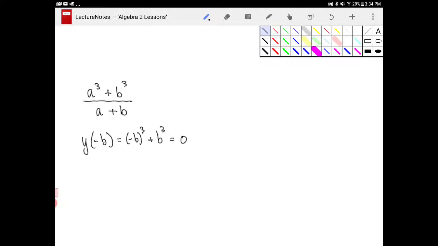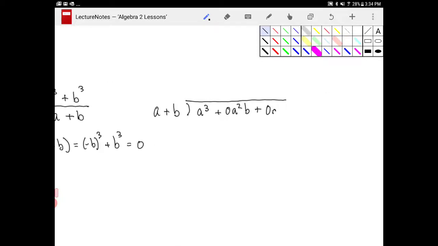So what will that factor to, though? So let's try to figure out what this is by using long division. So I have a plus b. I want to divide this thing into a cubed plus b cubed. And again, I'm going to do this in a very similar manner. So I have a cubed, and then plus 0 a squared b, and then plus 0 a b squared, and lastly plus b cubed.